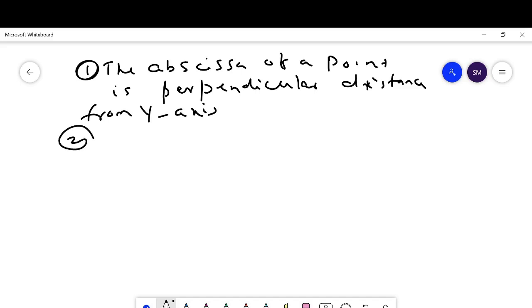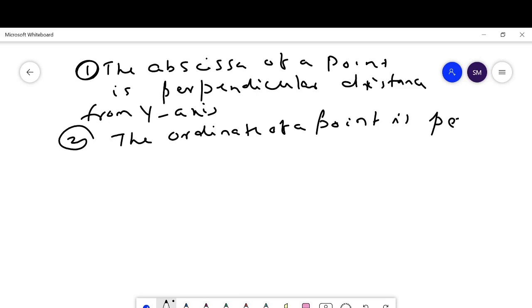Second, the ordinate of a point is the perpendicular distance from the x-axis. Students, please be attentive: perpendicular distance from the x-axis.